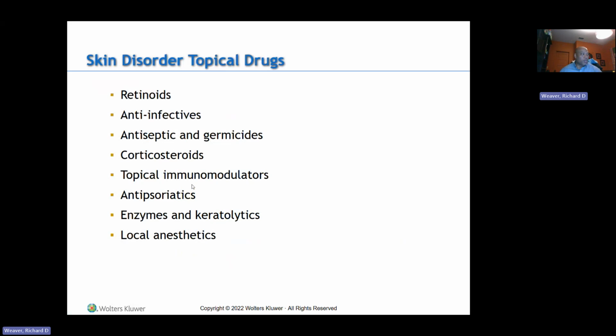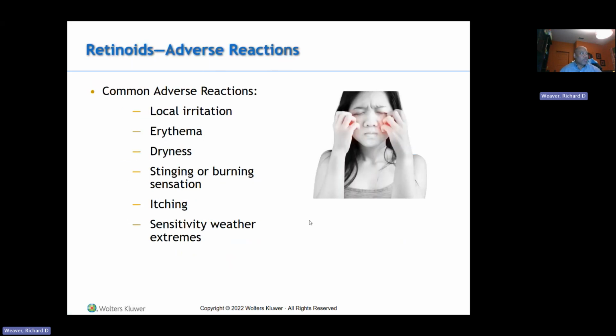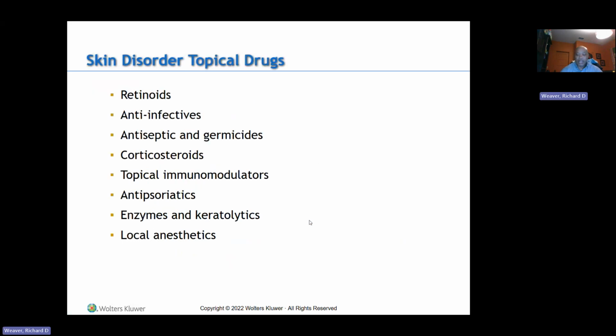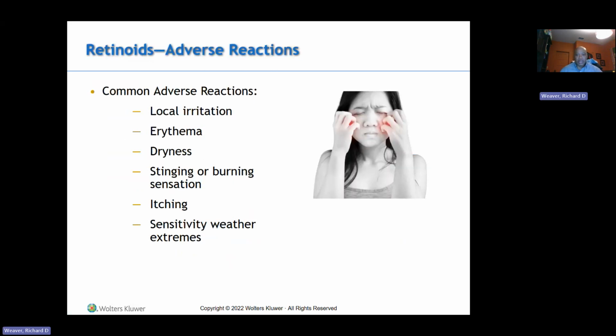So take a look at the retinoids. These medications, because they are applied to our skin or the local areas of the skin, are going to cause local irritation, such as erythema or redness.